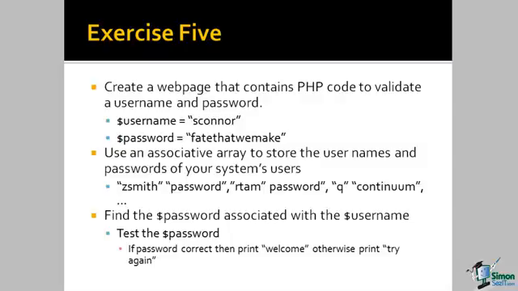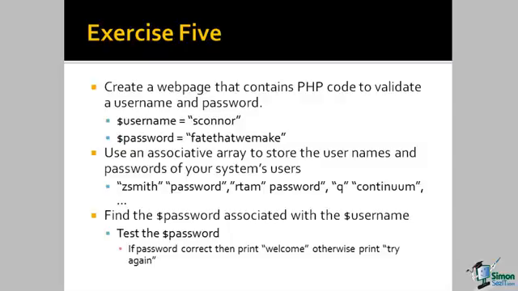So you'll have to loop through each value in the associative array, test to see if the password that's given is correct. Now, obviously, add more values for the associative array. I've given you 3 examples here. Add more. One of those must be S. Connor with the password fate in order for you to find the value.